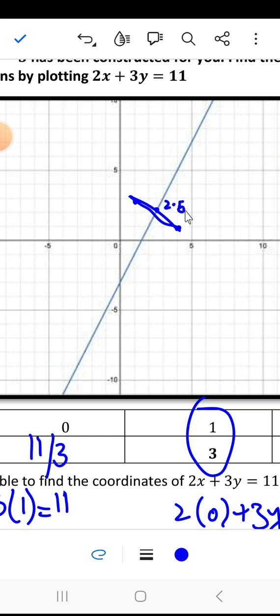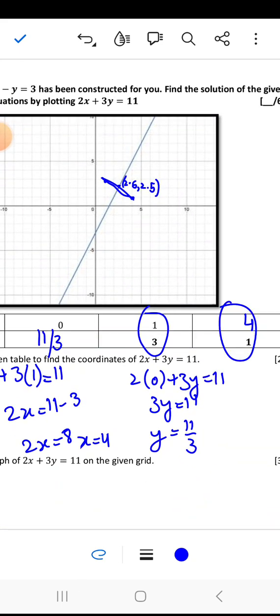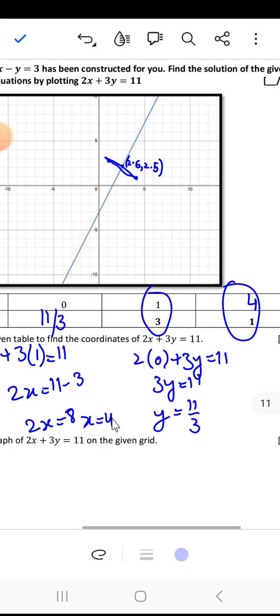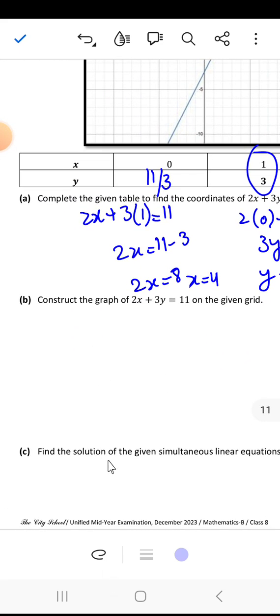So 2.5 and 2.5. This is the solution point. I can just construct the graph. Done. I have already done it. So you can use a scale for a better drawing and a better solution point. And the solution point is coming 2.5 and 2.5.